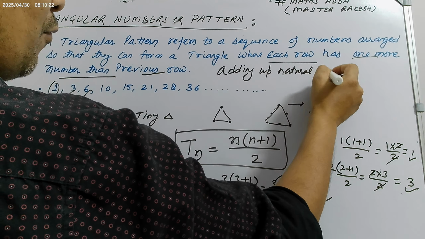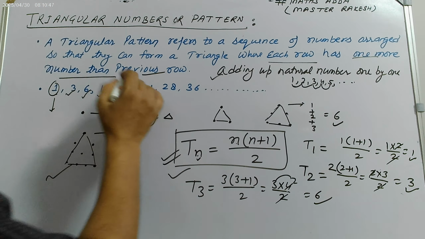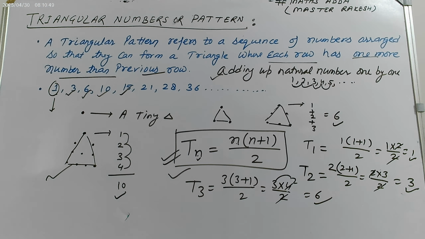So 1 plus 2 is 3, 1 plus 2 plus 3 is 6, 1 plus 2 plus 3 plus 4 is 10, 10 plus 5 is 15. So you are getting these triangular patterns, with n into n plus 1 by 2.